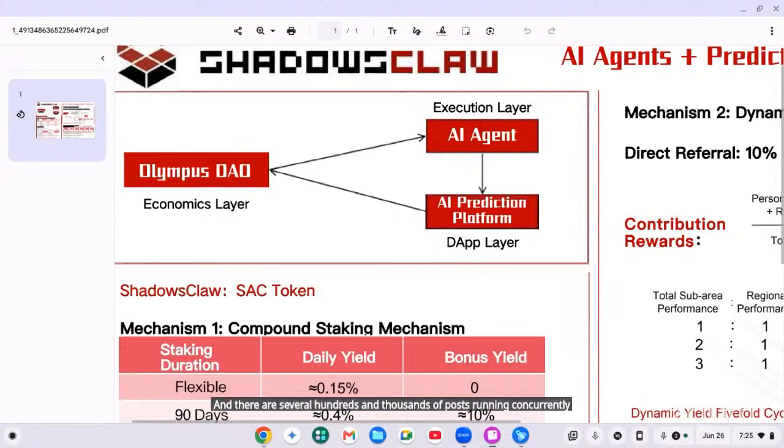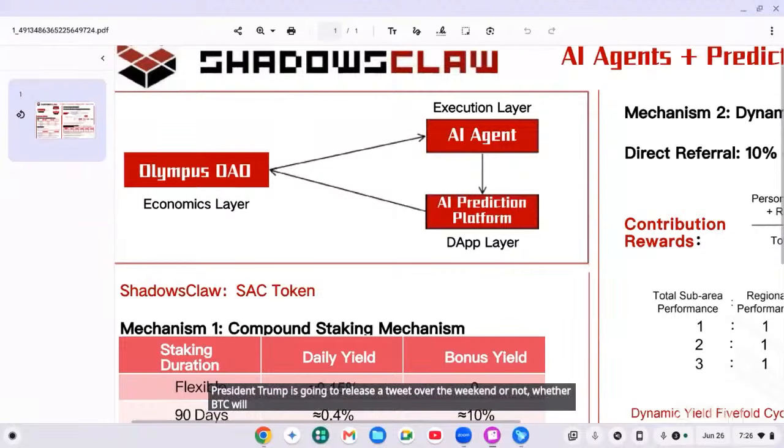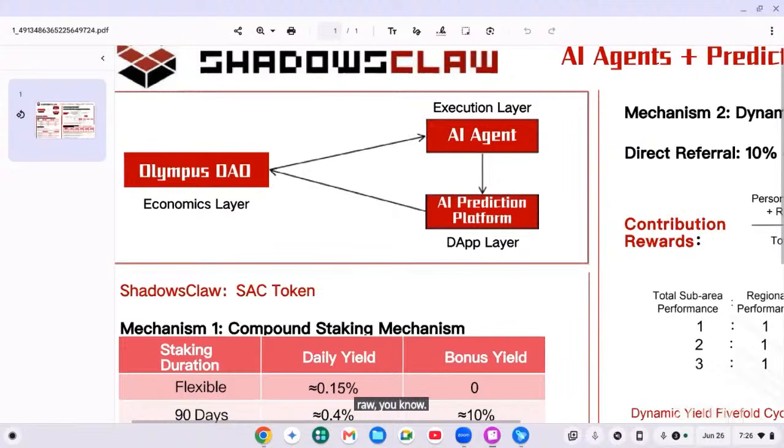Some are politics, some are social events, some are general events, to the point that people even monetize their opinion on whether President Trump is going to release a tweet over the weekend or not, whether BTC will rise up to this volume or not. And people are pushing in millions of dollars. So the creators of this platform have access to this raw, fresh, untapped revenue that comes from the platform.